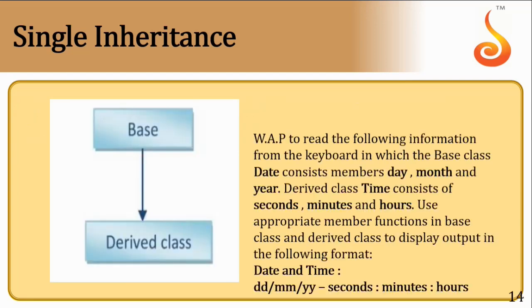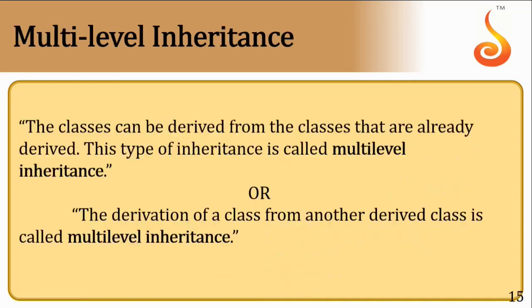Single inheritance, you have to show this diagram also, and whatever is the program statement here, that was done in the class. Like when I have taken lectures, you can search for inheritance class on YouTube, you will get this. But then see, one base class, one derived class. This is single inheritance. A single inheritance is just one base class and one derived class.